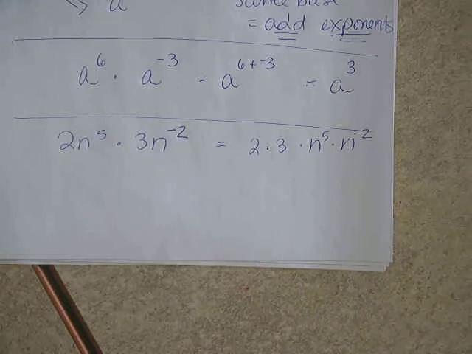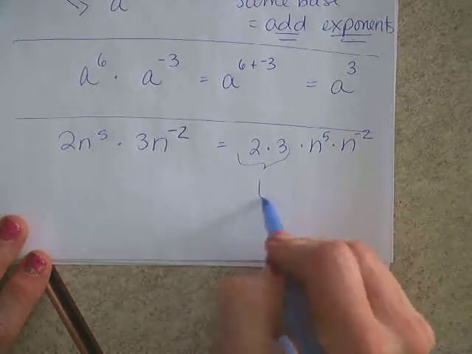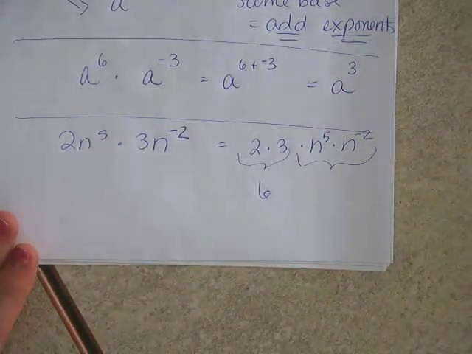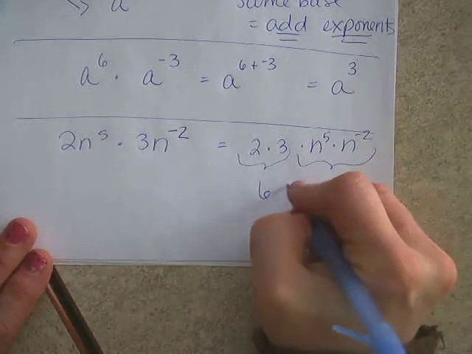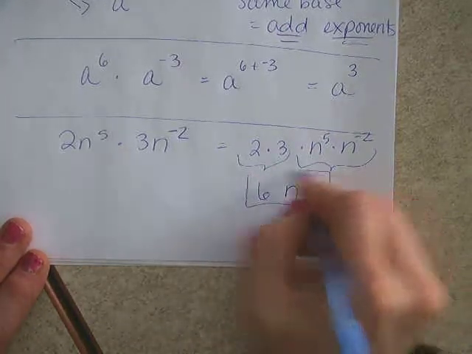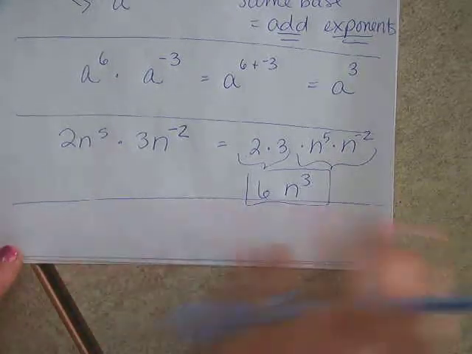If they had exponents, you would evaluate them separately before you multiply them, if the bases aren't the same. So this would just be 6, and then you'd apply that rule to those. So that would be n to the 3rd. That's really easy.